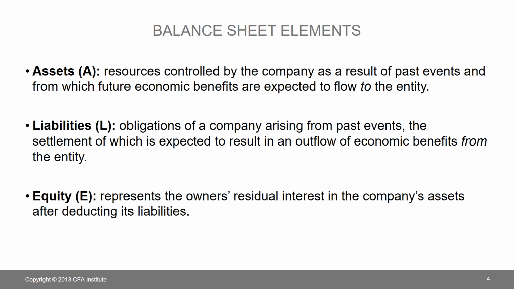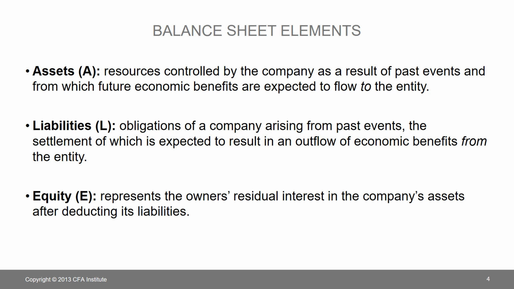Whereas the liabilities, which we abbreviate by the letter L, are what the company owes. More formally, liabilities represent obligations of a company arising from past events, the settlement of which is expected to result in an outflow of economic benefit from the entity.